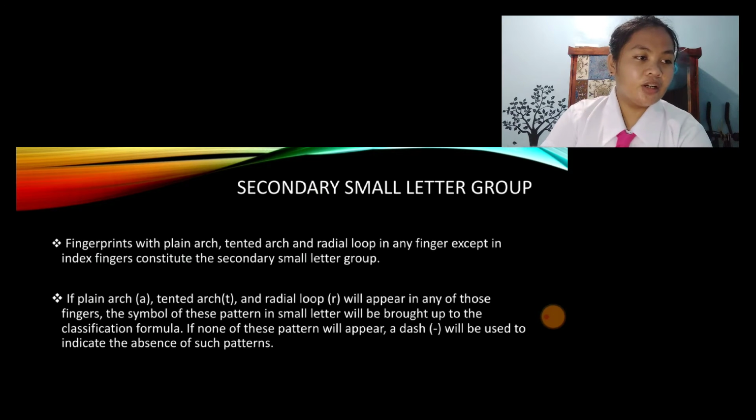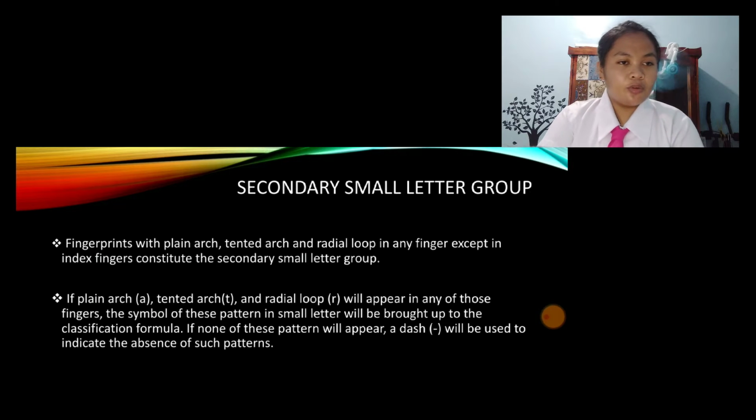If plain arc, tented arc, or radial loop appears in any of those fingers, the symbol of this pattern in small letter will be brought up to the classification formula.